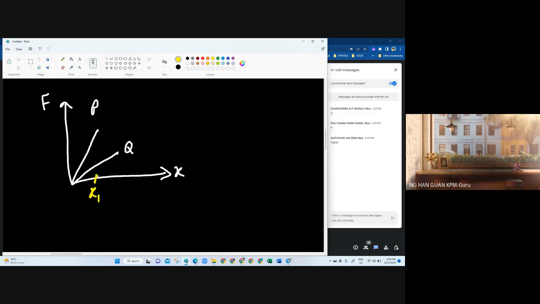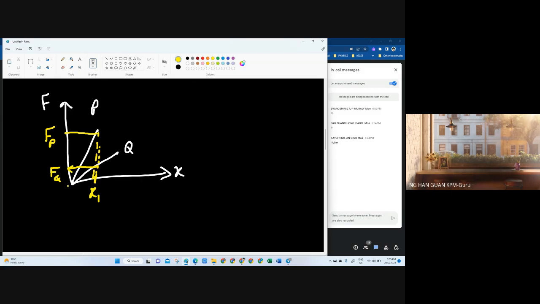With the same x here, this is the force for Q for this extension, but the force for P will be more. It means that P needs a higher force to get the same extension as Q. So P is the one we call the stiffer spring because it needs more force.